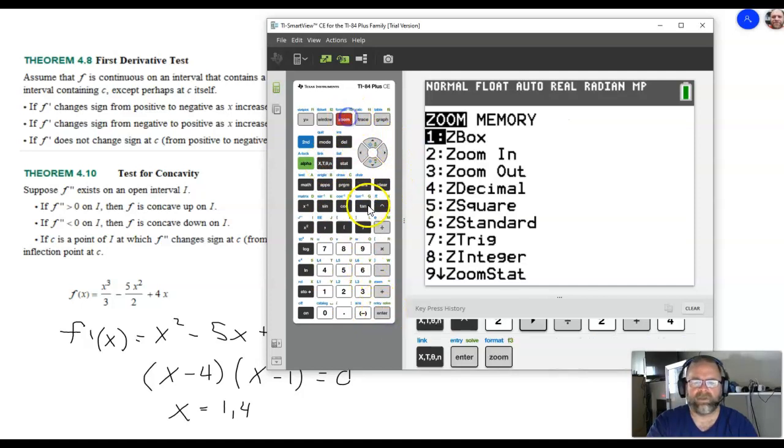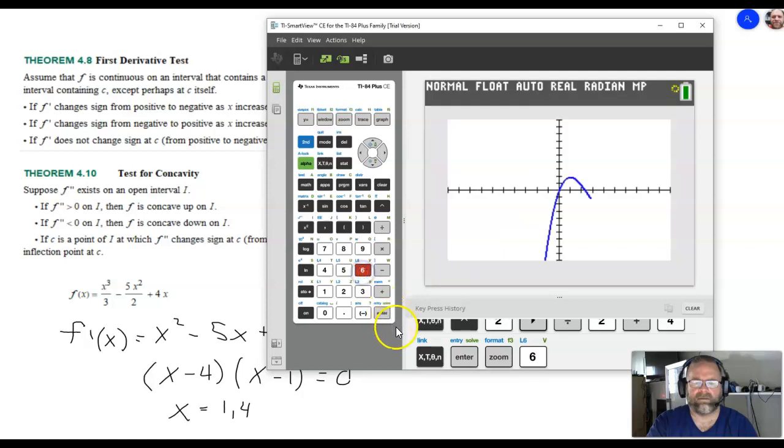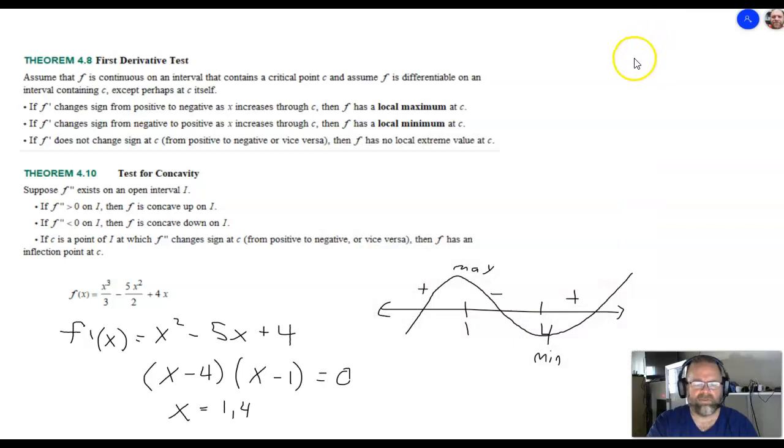And let's see if we get that on a standard window here. And we can. And notice that at 1 we have a local maximum, and at 4 we have a local minimum.